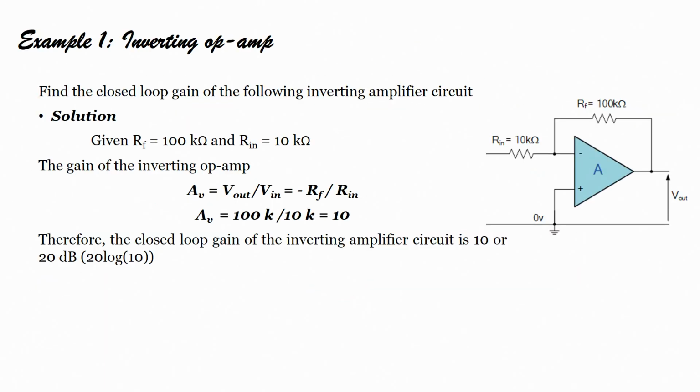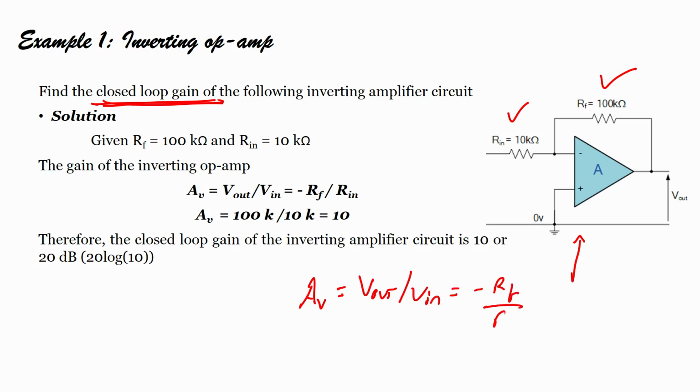So, let us solve an example. Find the closed loop gain of the following inverting amplifier circuit. You are given a circuit and you are asked to find the closed loop gain. Now, we are already given Rin 10 and RF 100. Then what is our AV? AV is nothing but Vout by Vin, or we can write minus RF by Rin, 100 by 10, both in kilo ohms.